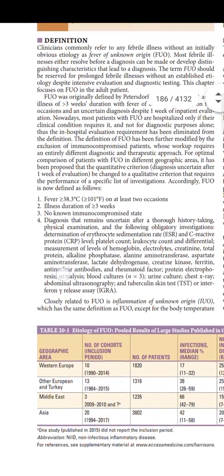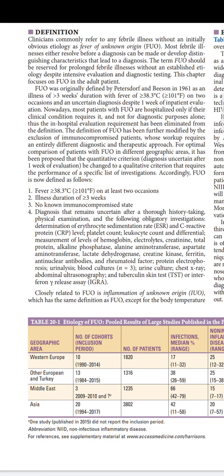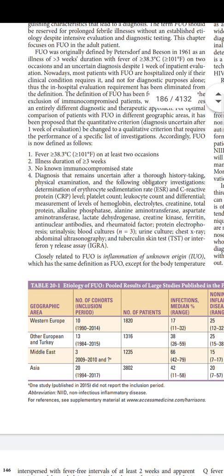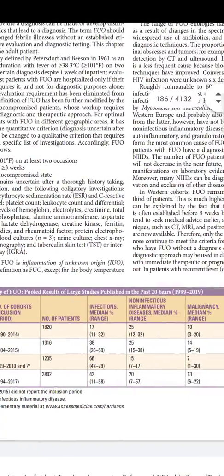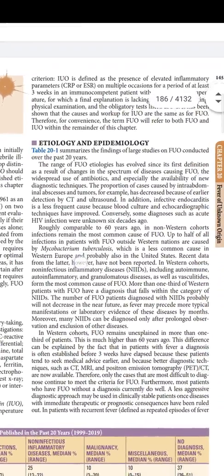And in the next chapter, fever of unknown origin, the criteria are defined as follows. The 4 points are the same, but below that, closely related to FUO is inflammation of unknown origin, which has the same definition as FUO except for the body temperature criteria.